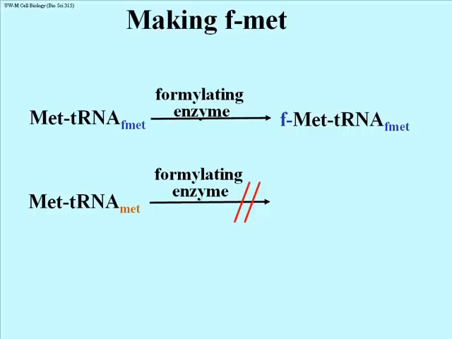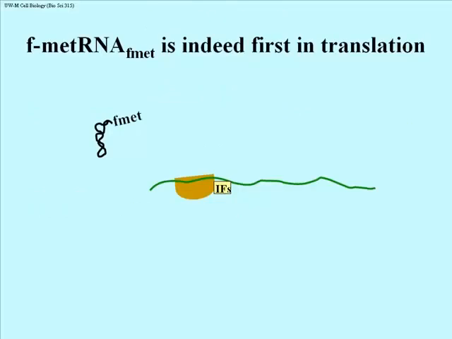That same enzyme is unable to recognize the methionine bound to a tRNA sub-met, which explains why one methionine gets a formyl group but the other one doesn't. So that's the role of the formylating enzyme. So as it says here, formyl methionine tRNA fmet is indeed the first in translation, and here's how it happens.